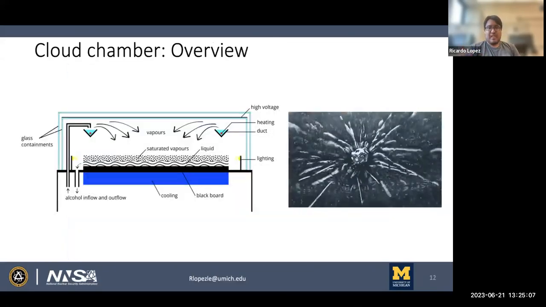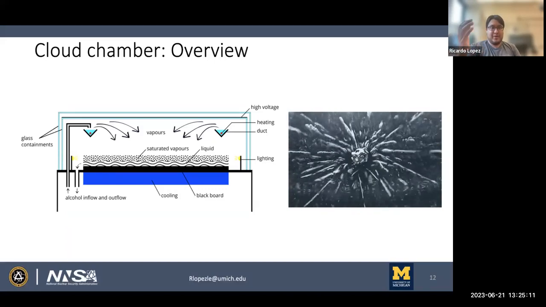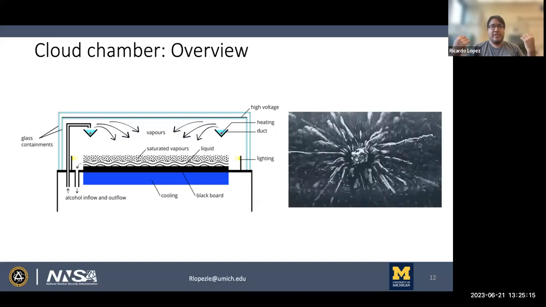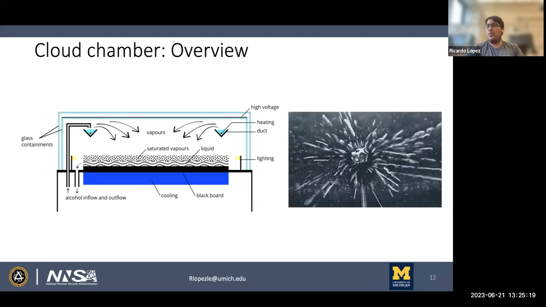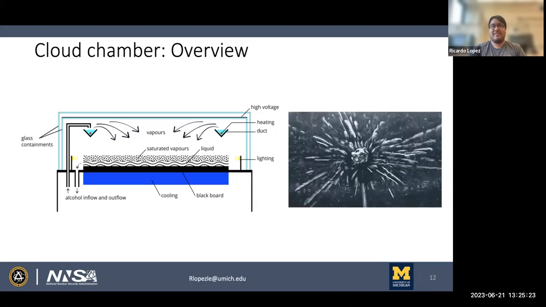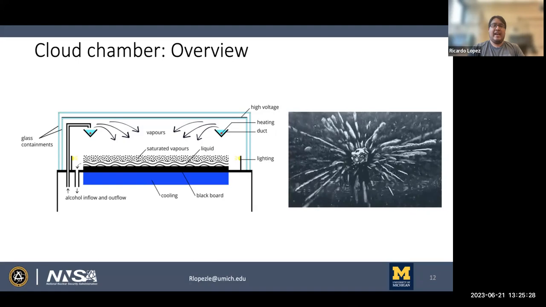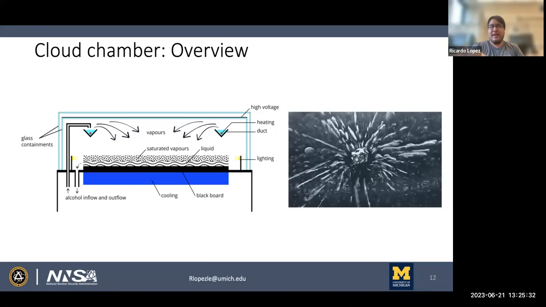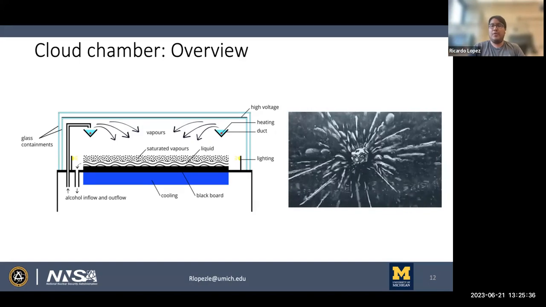So a very brief overview of how this cloud chamber actually works is you enclose this particular space with very saturated vapor. It could be water, but more often than not, it tends to be alcohol, since it tends to give much better tracks. And you essentially have super saturated vapors within this enclosed space, a metal plate, and some cooling below.